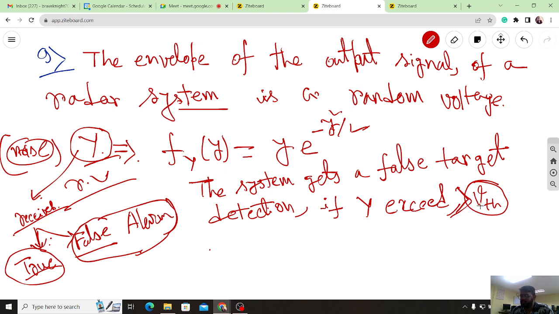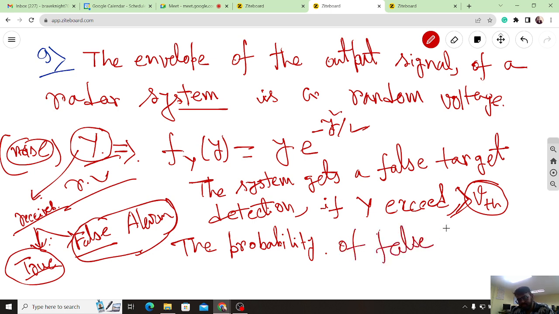Now we have to make the probability of false detection 0.0001. Then what should be the value of V?